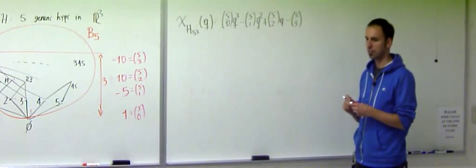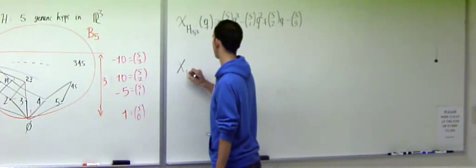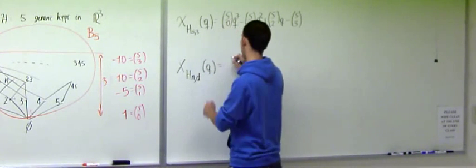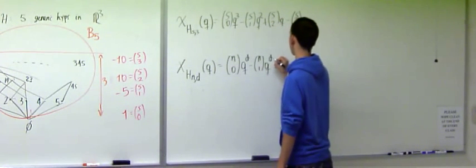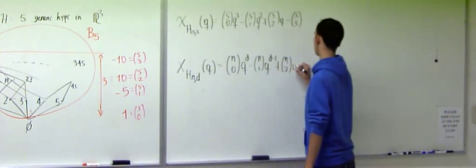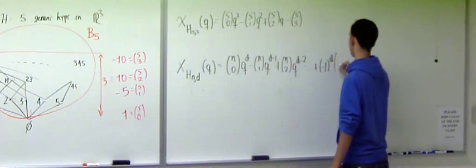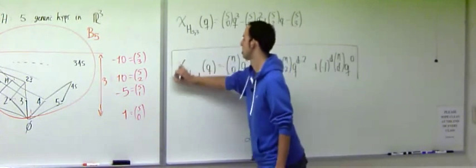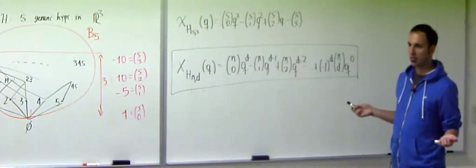And you can see that in general, by the same argument, if you look at n generic hyperplanes in d dimensions, you're going to get the same formula, like this: n choose 0 q to the d, minus n choose 1 q to the d minus 1, plus n choose 2 q to the d minus 2, and so on, up to minus 1 to the d times n choose d, q to the 0. So these generic hyperplanes have a very nice Mobius function.